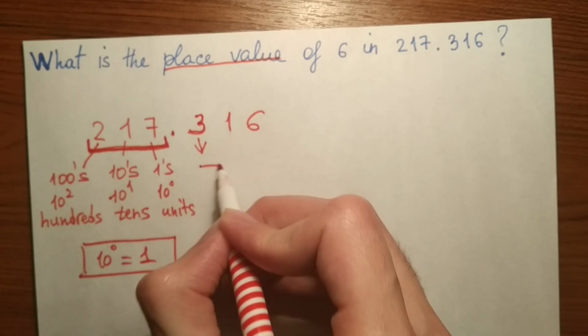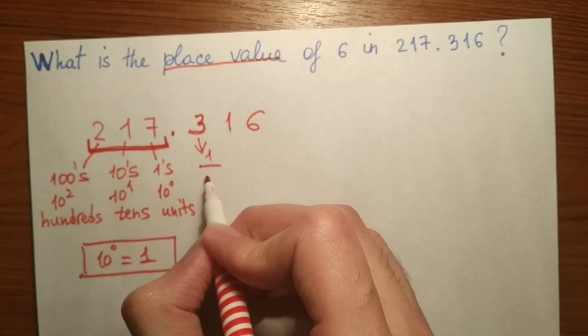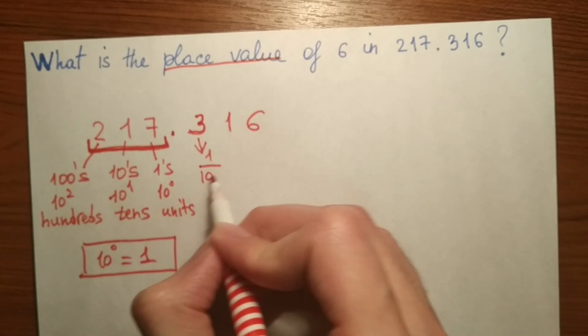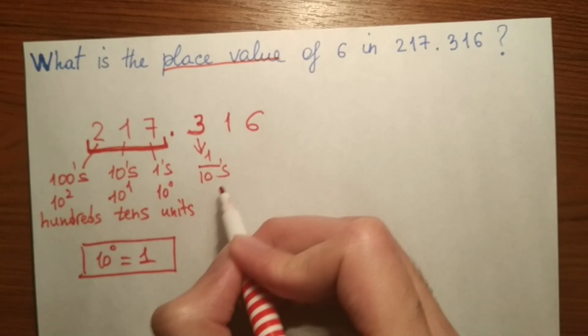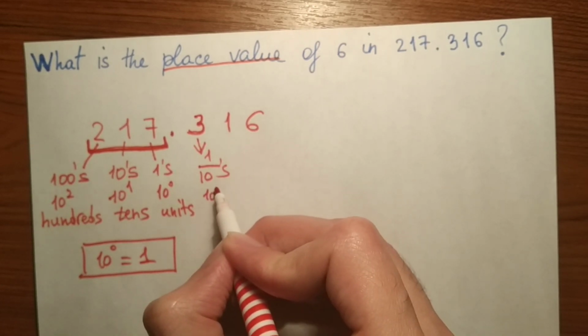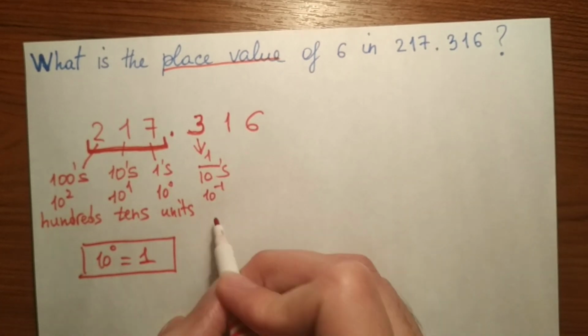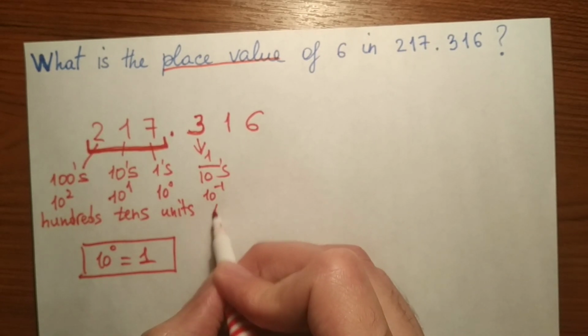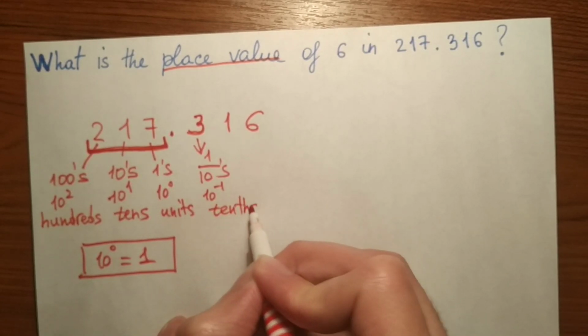We could write it like 1/10, tenths, or 10 to the -1, and the written form like this, tenths.